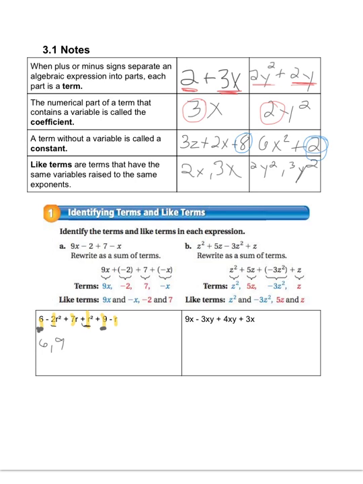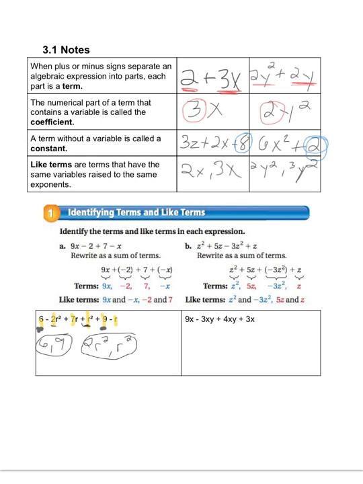And then I come across r squared. r squared has the same variable r and it's raised to the same power, 2. So 2r squared and r squared are like terms. I'm going to circle them to show that they are like terms.